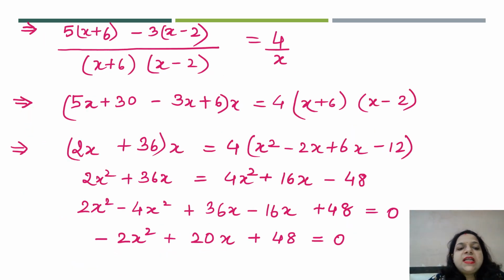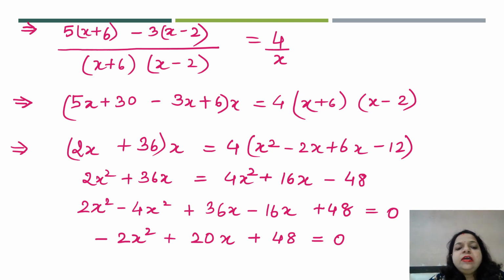5 into x plus 6 minus 3 into x minus 2 upon x plus 6 into x minus 2 is equal to 4 upon x. Now the x from the right hand side will come to the left hand side and get multiplied by the whole term, and x plus 6 into x minus 2 will come to the other side and get multiplied by 4.